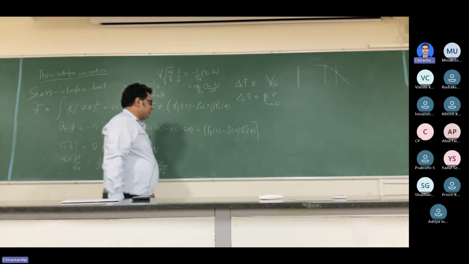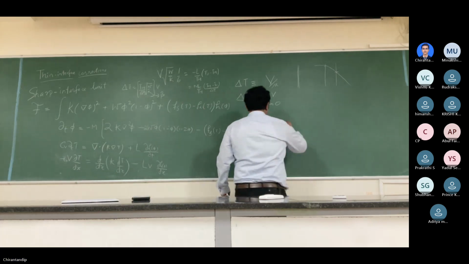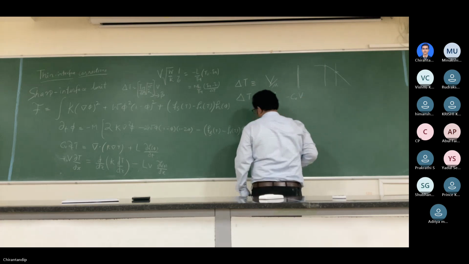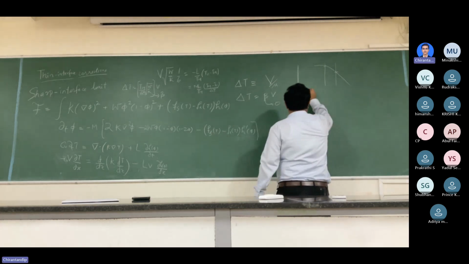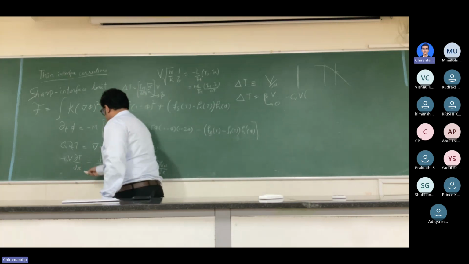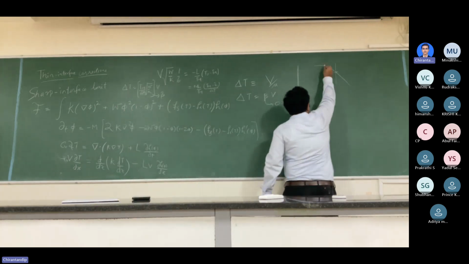So when I integrate this once, you integrate from the left of the interface to the right of the interface. It will be delta T from this point to this point.